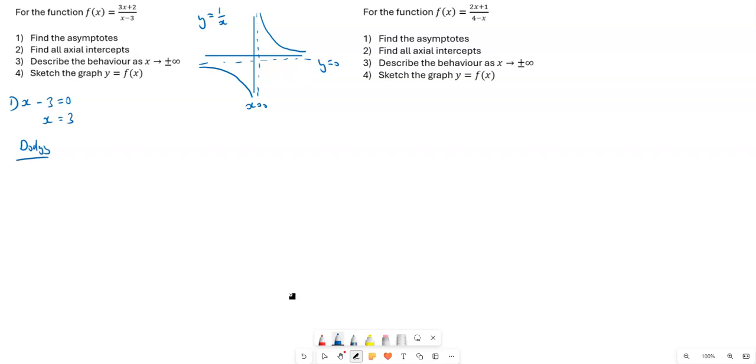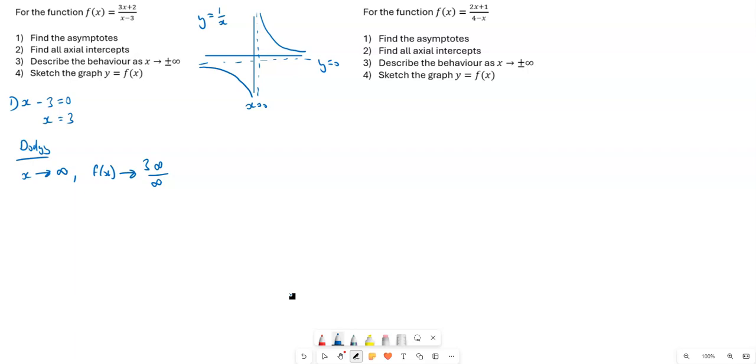The dodgy method is to say as x approaches infinity, then what we've got, f of x, is really approaching 3 lots of infinity divided by infinity. Now, this is horrible math, absolutely terrible, but it's probably going to work most of the time.